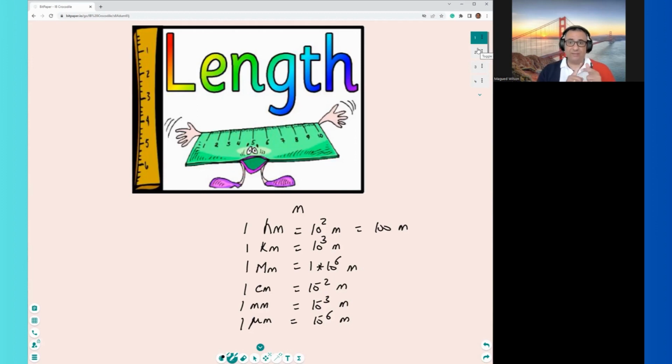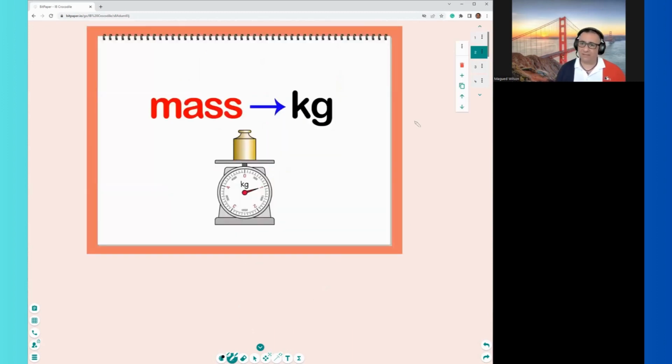The unit is meter. The symbol is small m. Now, next, mass. The unit is kilogram, and the symbol is kg. Not grams, but kilograms. So for example, if we have a mass of 500 grams, the 500 grams is going to be a half kilogram, right?